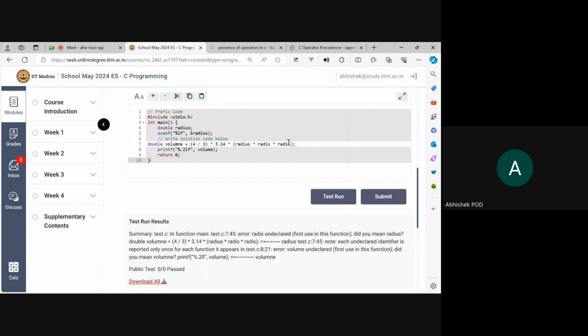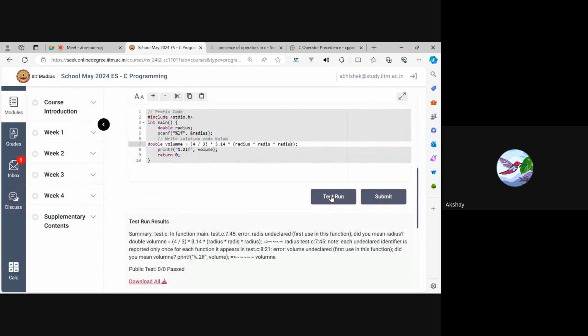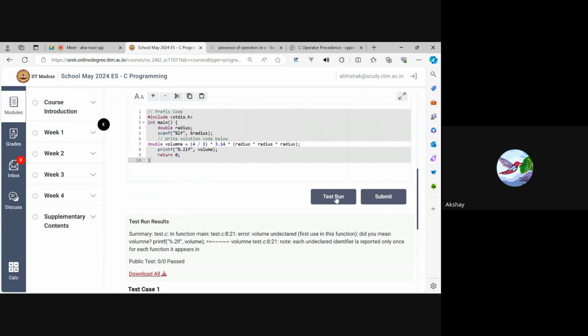Sorry, there was a glitch. I also initially had the problem of 4 by 3 not giving the correct value. So I changed it: instead of A being 4 by 3, I changed it to just 4, and then added the divided by 3 at the end after multiplying everything together.